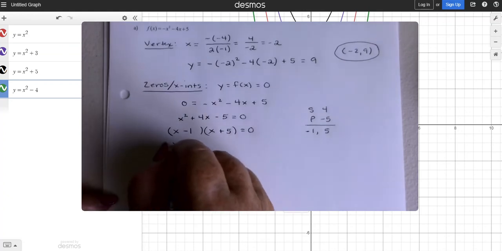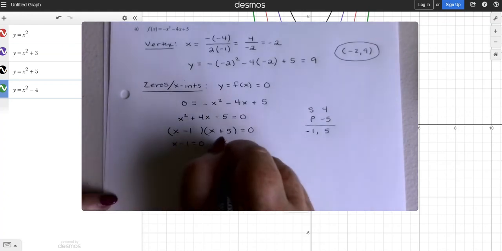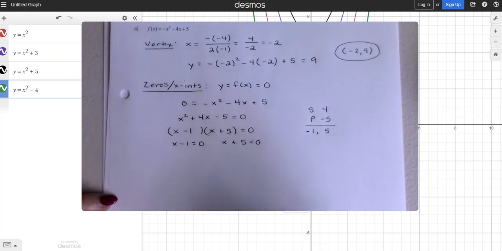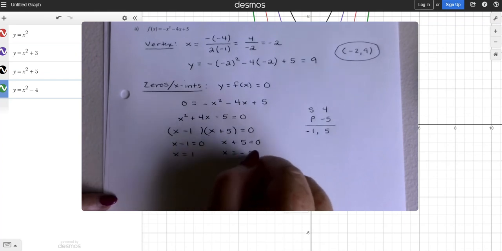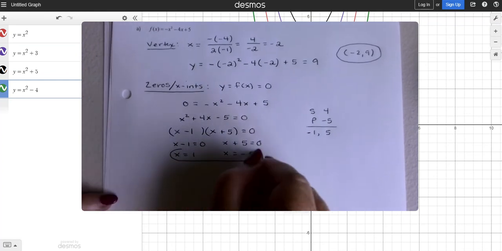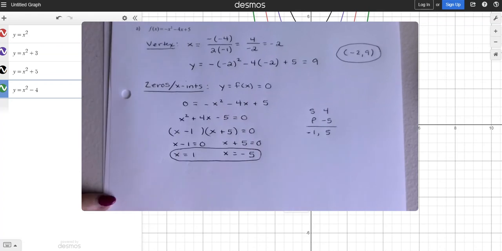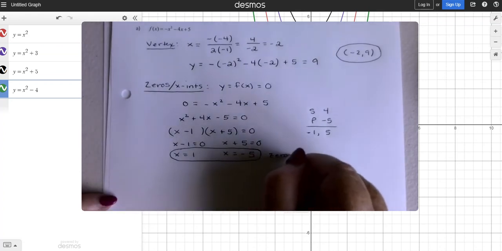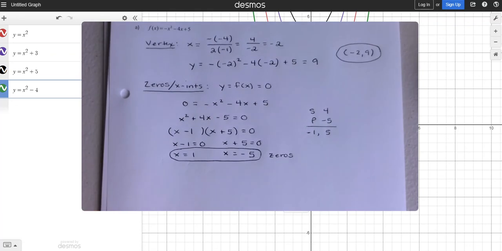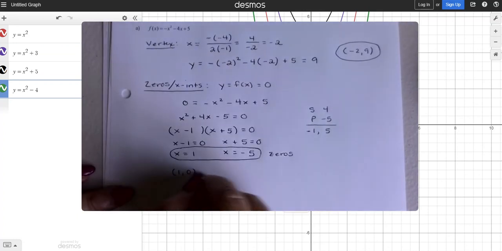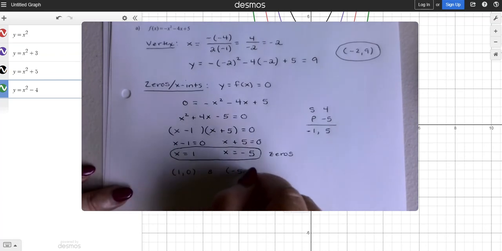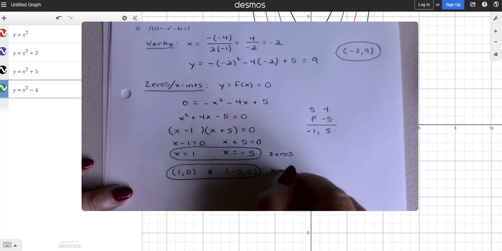And that means that x minus 1 equals 0, or x plus 5 equals 0, giving me zeros at x equals +1 and x equals -5. I could write those as the x-intercepts by putting y equals 0 in, right? So (1, 0) and (-5, 0) are my x-intercepts.